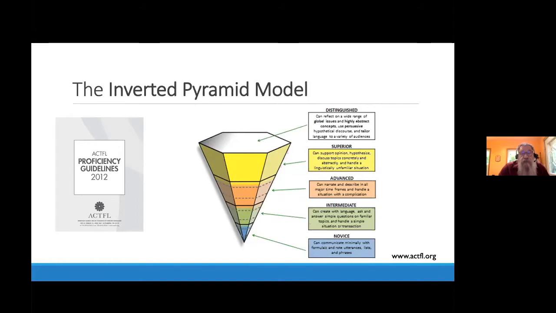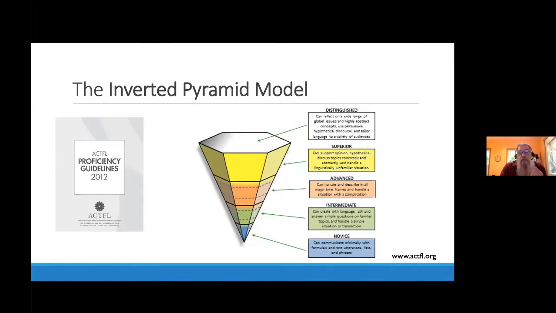And we represent this as a model, not as a ladder where the advancement from one level to the next is like a linear step, but rather an inverted pyramid, showing that to advance from novice to intermediate or intermediate to advanced involves developing greater proficiency, a wider range as you advance.